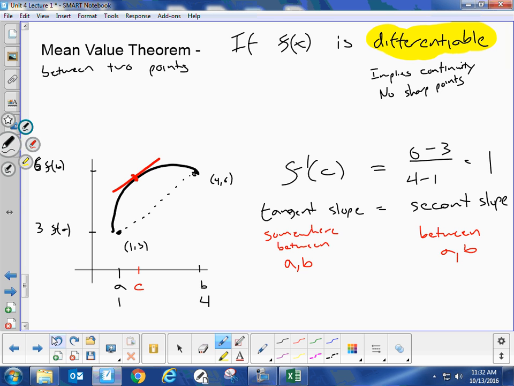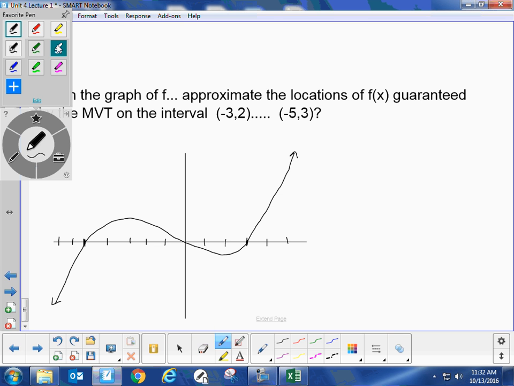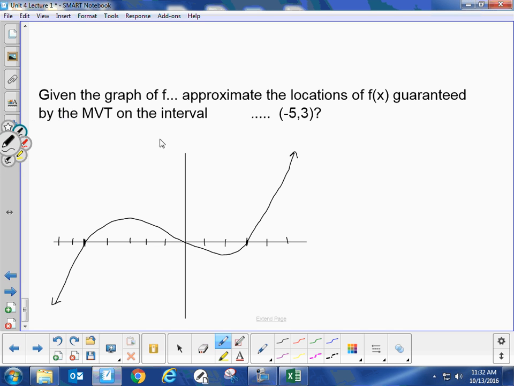Now, you will be given problems where you'll be given a graph like this. And you will be asked to find the approximate locations of f that are guaranteed by the mean value theorem on the interval between -5 and 3. You guys find those locations guaranteed by the mean value theorem on that interval.